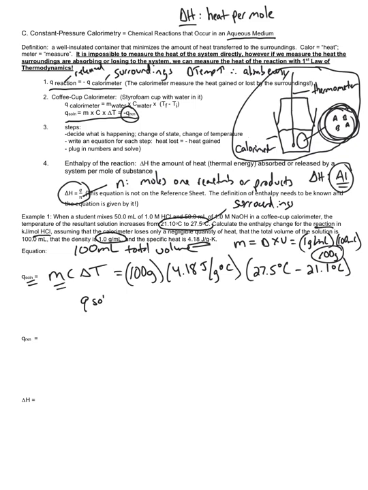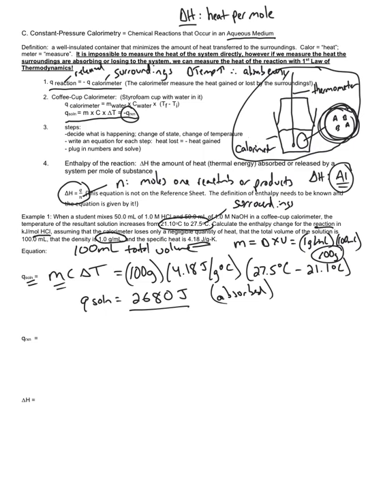And the Q of the solution is 2,680 joules. Okay? So the solution has got a positive value. So that tells me the solution absorbed energy. This is why the temperature of the water-based solution went up.